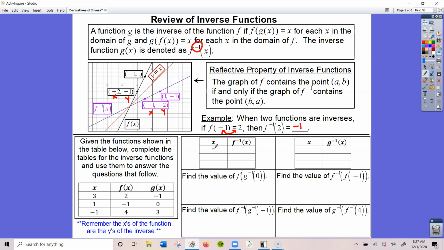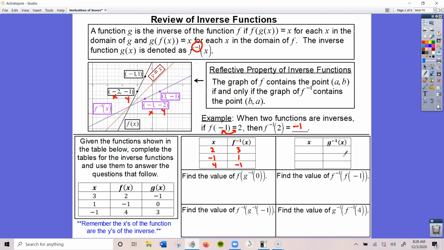So in this column, I would put 2, -1, and 4. I took the y's of f and they became the x's, just because that's what inverses do. Then the inverse values of f are the x values of the function. So here would be 3, 1, and -1. Like I said, they switch places.